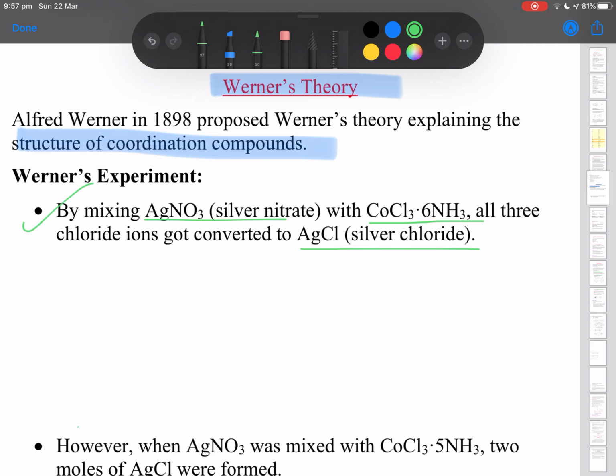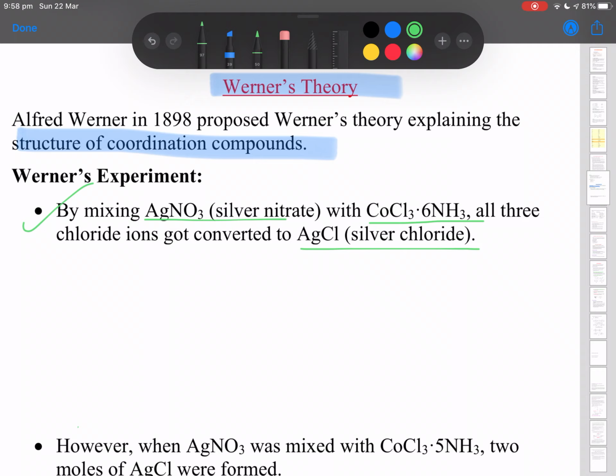On the other hand, he observed all those ions, whether positive, negative, or even neutral species, which could not get ionized, that means they were closely bonded or associated with the central metal atom. All such valencies were considered as secondary valencies.